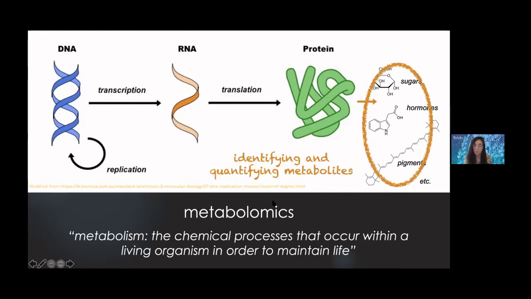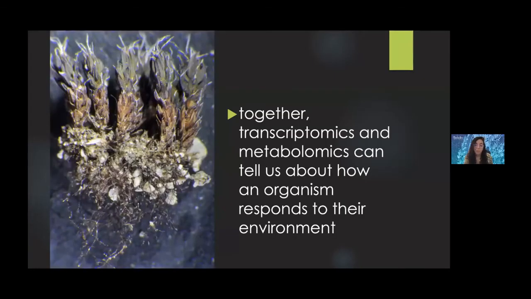And metabolomics is all about identifying and quantifying those. So together, if we look at both of these, we can really get some insight into how an organism is functioning. And if you set up an experiment, you can see how an organism is responding to its environment or a particular stimulus you give it.